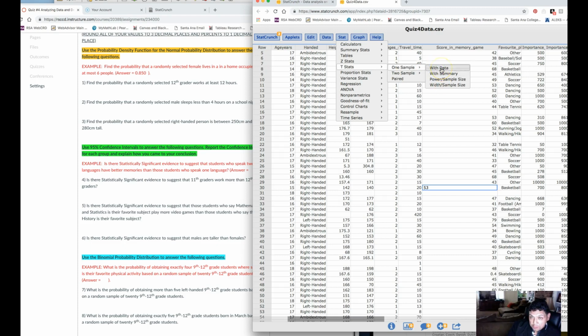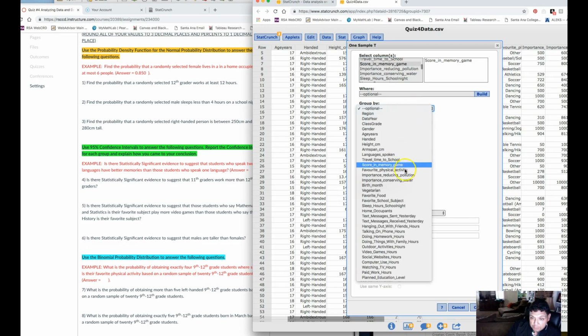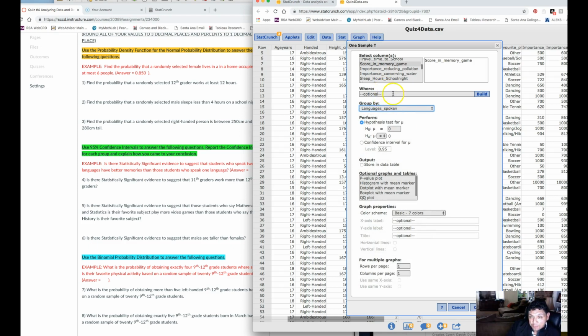I have the data already, so 1 sample with data. I want to look at the scored memory game, and group by those who speak different languages. Then we do a confidence interval, 95%.